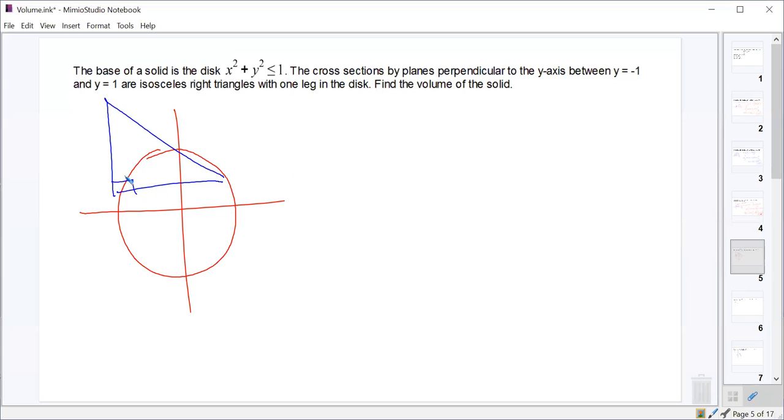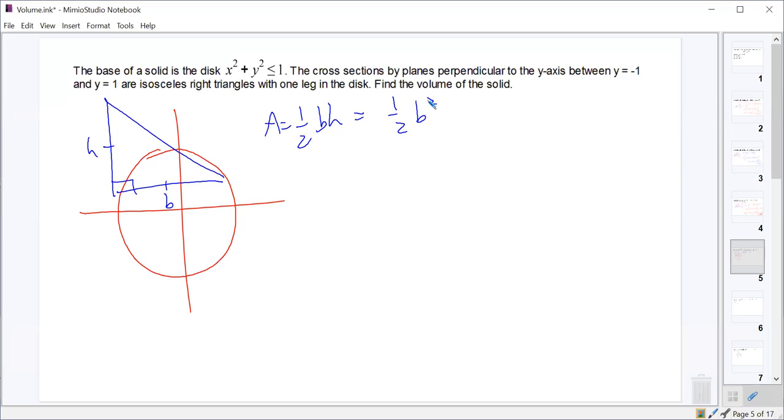So there's my right triangle, and these two sides are the same, right? And we want to find the volume. So we need a formula to represent the area of each of these triangles. So we know that the area of a triangle is 1/2 base times height, right? And we know that our base and our height are equal to each other. So we could just call that 1/2 base squared.